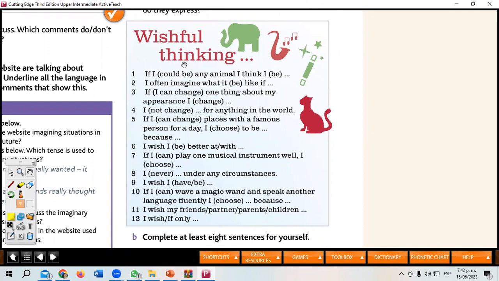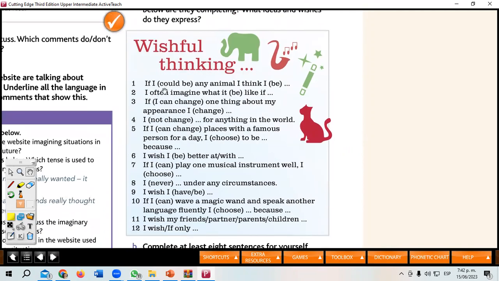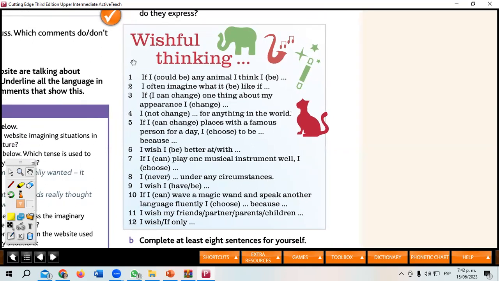You have 12 sentences about situations. If I could be any animal, I think I would be maybe a dolphin or, I don't know, a dog. You are going to complete at least 5 of these sentences.